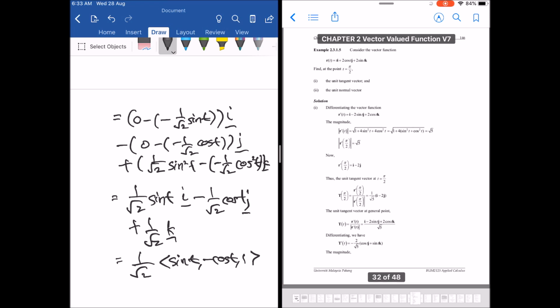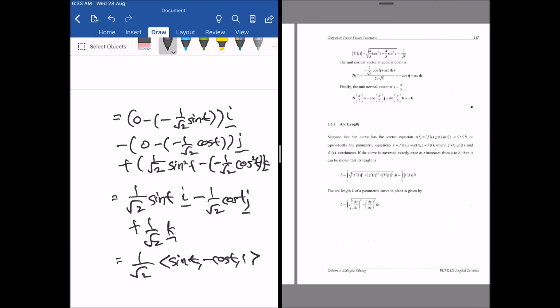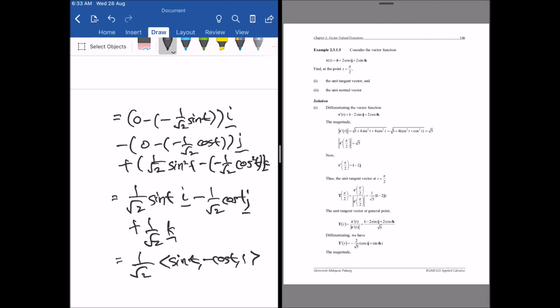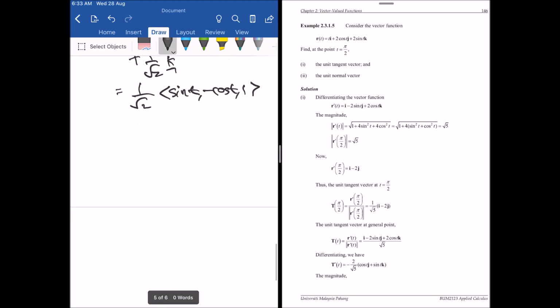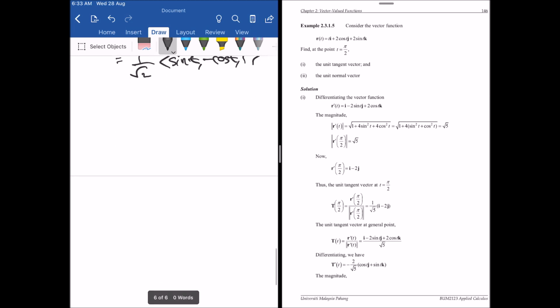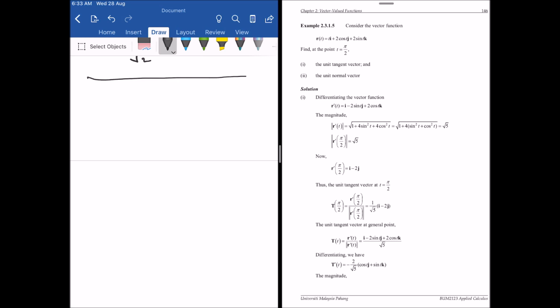So let's take a look into our next example, might be our last example, the example of 2.3.1.5. So I have r equals t, 2 cos t and 2 sin t.